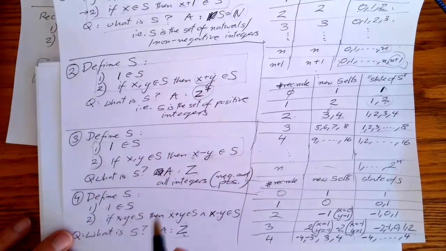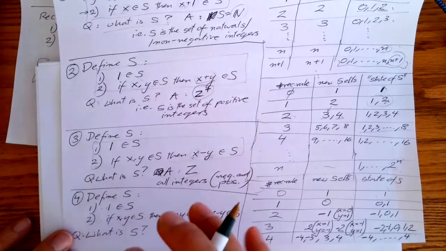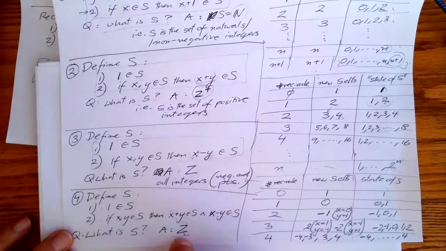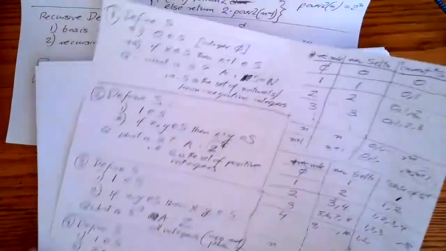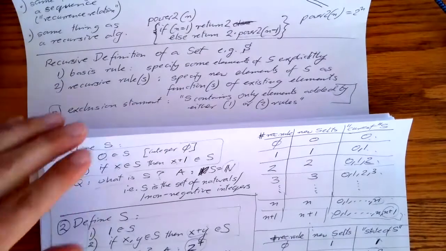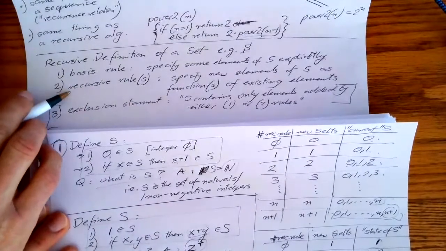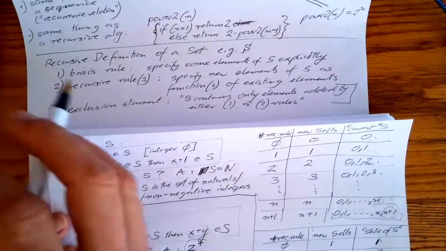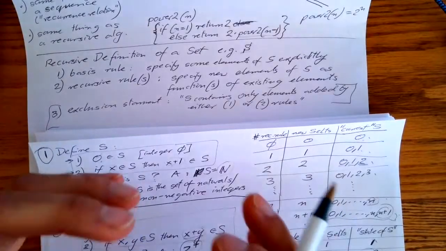So checking that these are satisfied doesn't tell me that my answer is minimal. And that's the role of this exclusion statement. The two rules might be satisfied by supersets of your solution.